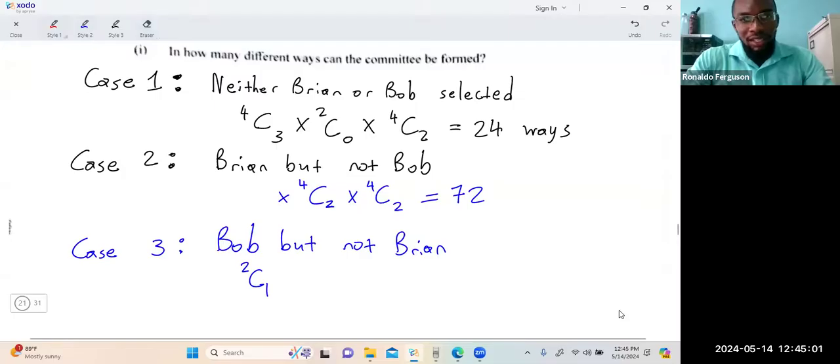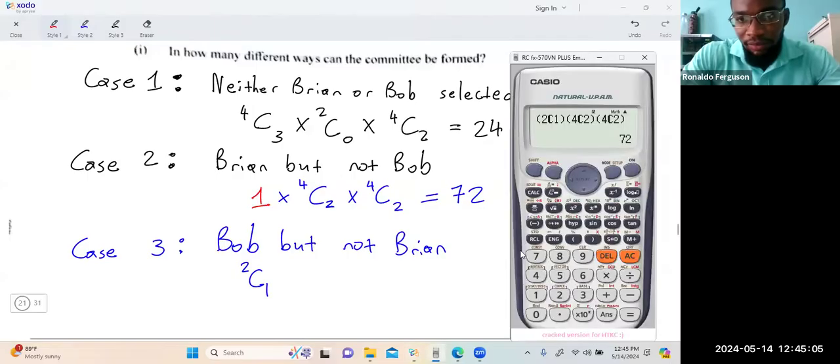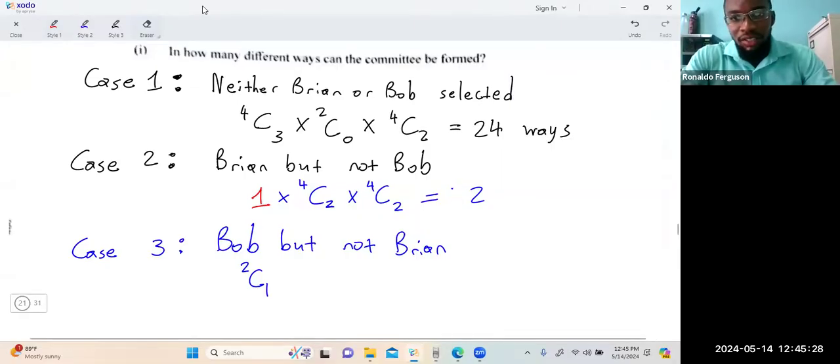I need to write this as 1 right here. Because we said that we're choosing Brian. We definitely choose Brian, but we don't choose Bob. So there's only one way of choosing Brian. So we choose Brian, but not Bob. That should be 36 here. Should be 36.